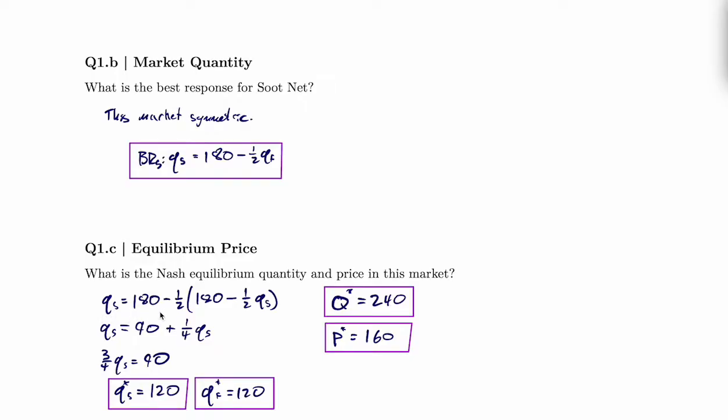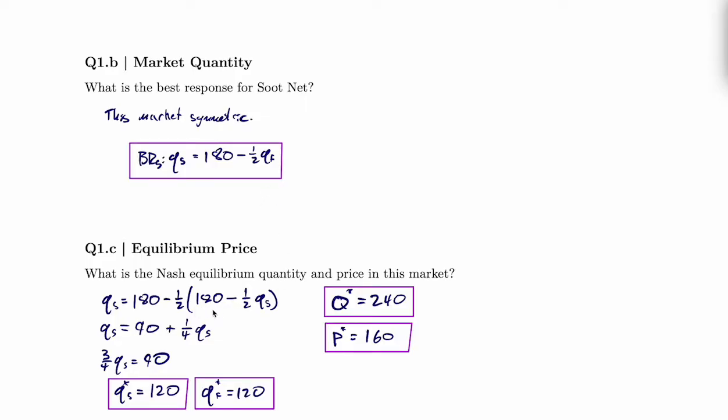We take SootNet, and it actually doesn't matter which firm we start with. I'm starting with SootNet, so we take the best response for SootNet, and then plug in for QF what SootNet knows about the best response for Fast Flu.